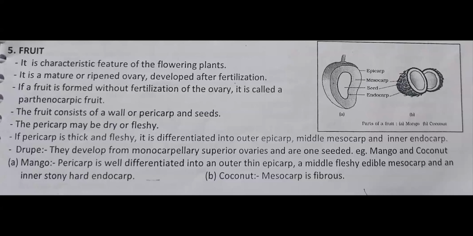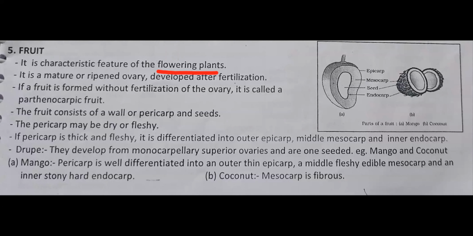Next part, that's the fruit. Very small, very easy. Fruit is the characteristic feature of flowering plants. In a flower, particularly the ovary converts into fruit.